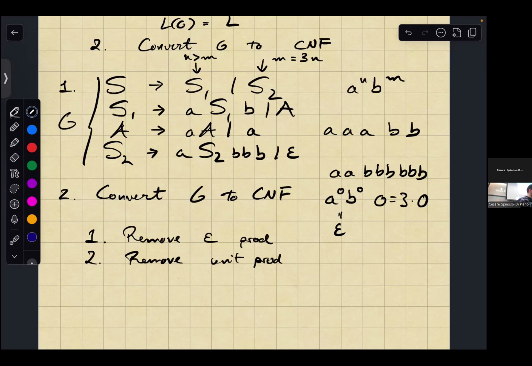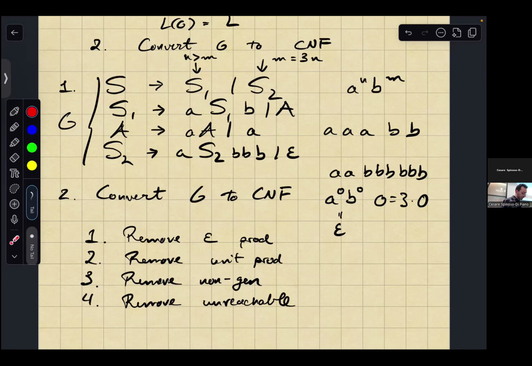Then you remove the non-generating variables, so variables that you can't get rid of intermediate variables when deriving strings. And then finally, you remove unreachable variables, so variables that cannot be reached from the start variable S here, okay?